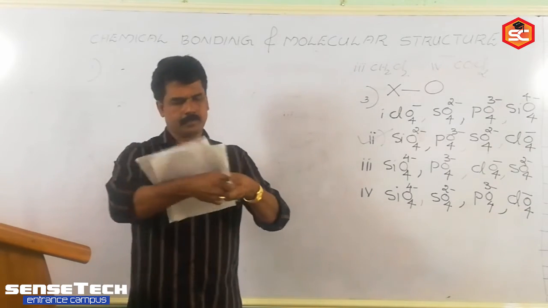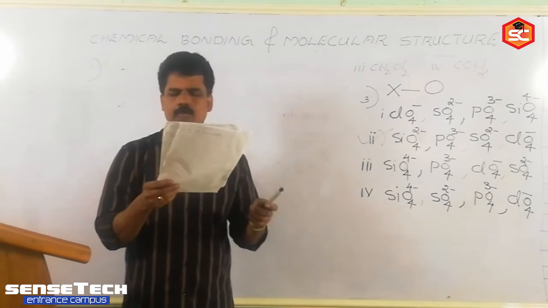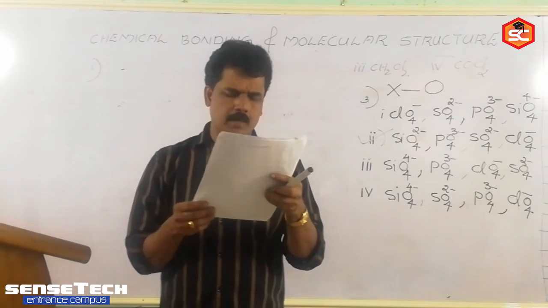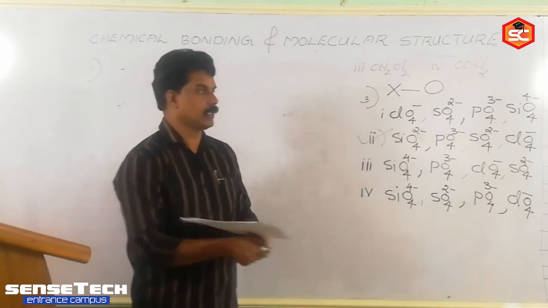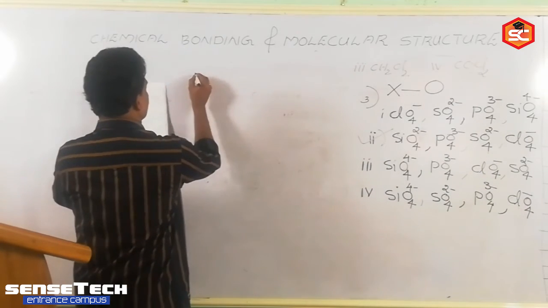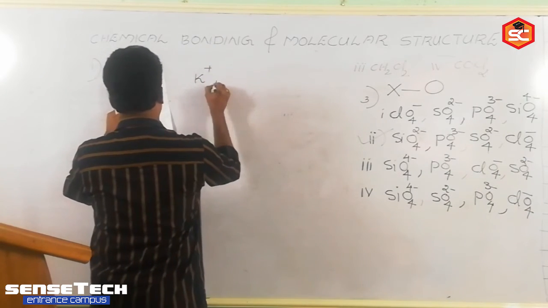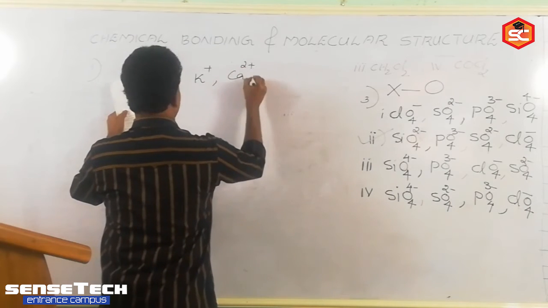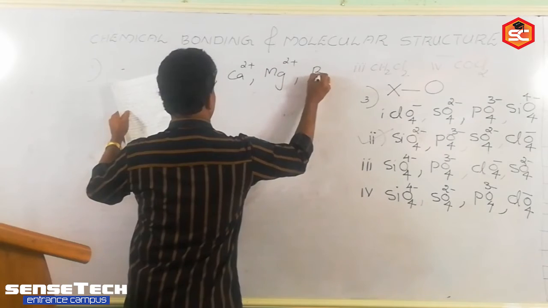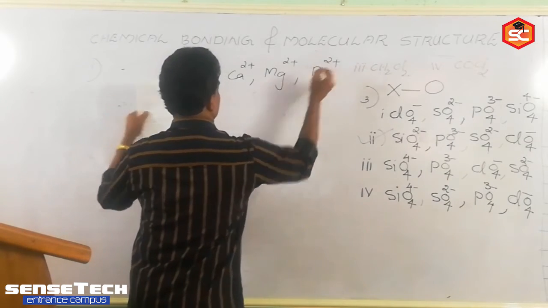Then the next question, the fourth one. Which one of the following sequences represents the increasing order of the polarizing power of the cationic species? K plus, Ca2 plus, Mg2 plus, Be2 plus.